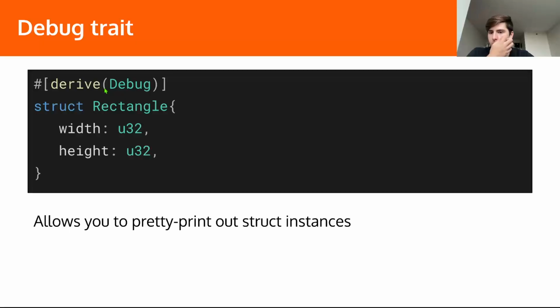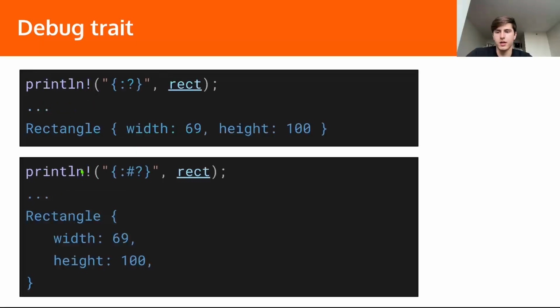Like here, using this derive compiler macro, it tells the compiler to essentially assume what it thinks the debug trait should be for this. The debug trait is essentially pretty printing for more complex structs, for lists, vectors, or arrays. And just like this, it's automatically inferred for the rectangle type.